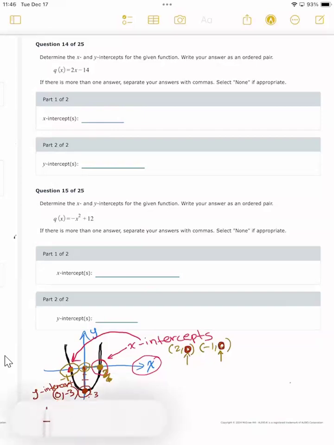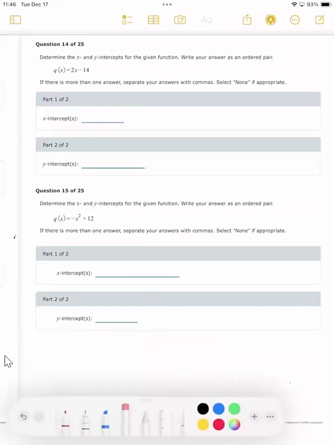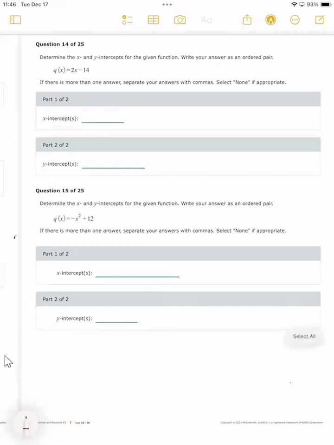Let's look at another example. Let's say this time I have this graph. So let's look at this graph here.